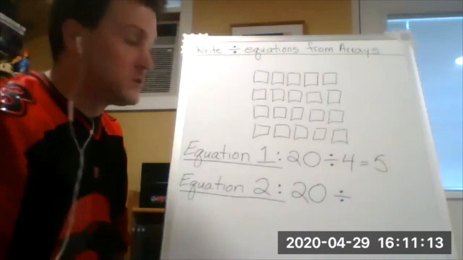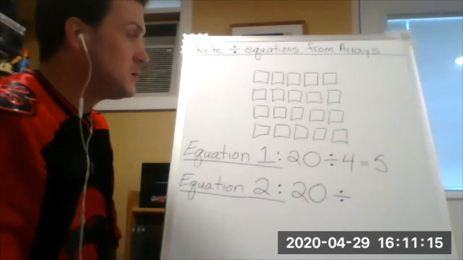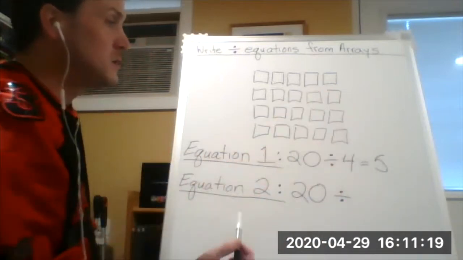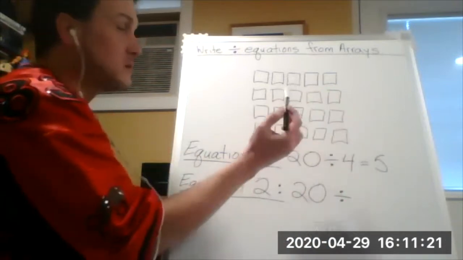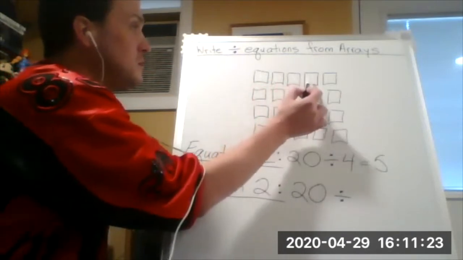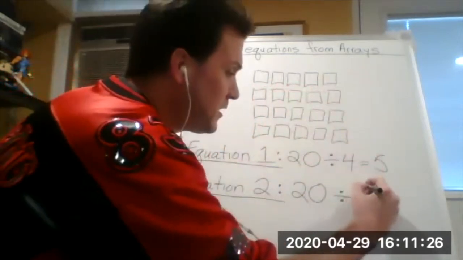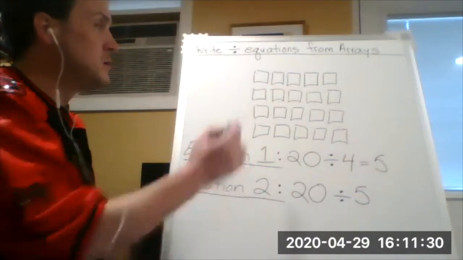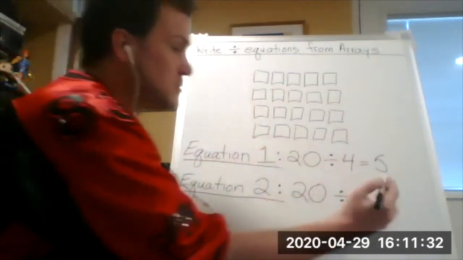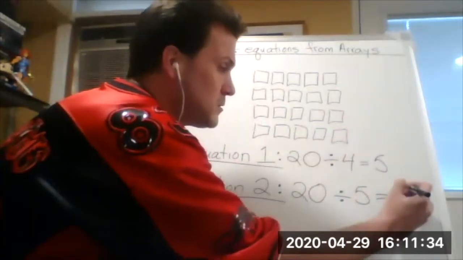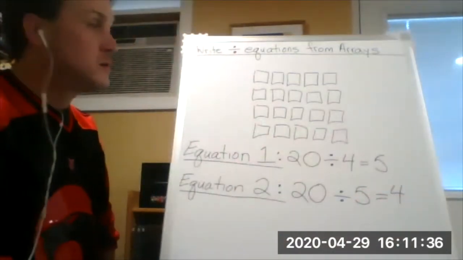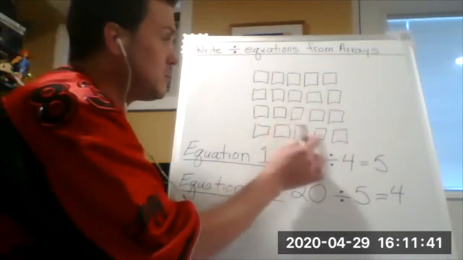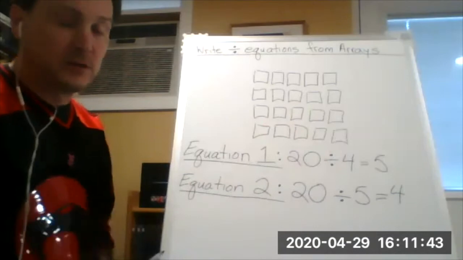The next division equation we can write is again using 20 tiles divided by, this time, 1, 2, 3, 4, 5 in a row, and that gives us 4 rows. That is how we can write two correct division equations from an array that is given to us.